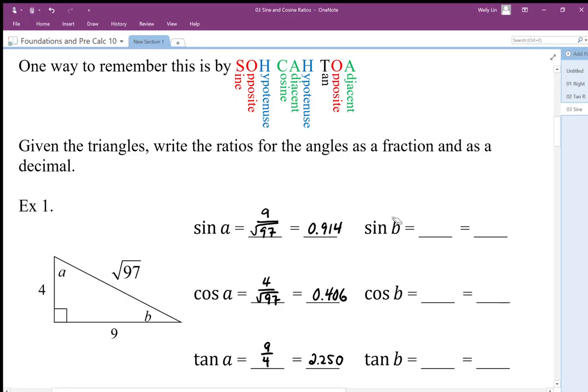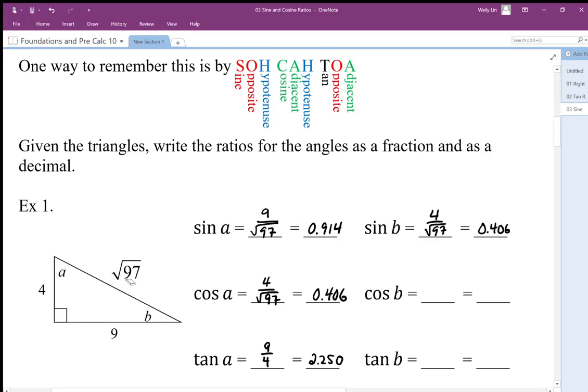So sine of angle B then, we're going to do the same thing, but now everything's referenced to angle B. So sine is going to be the opposite of angle B, which is 4, compared to the hypotenuse, which is root 97. And it's important to note that the cosine and sine are just opposites.